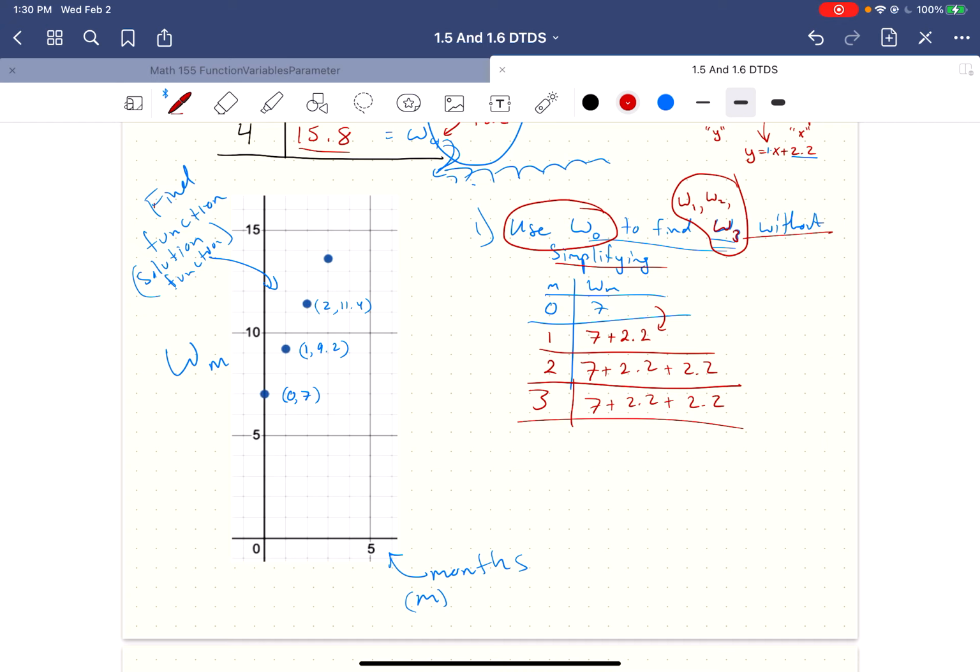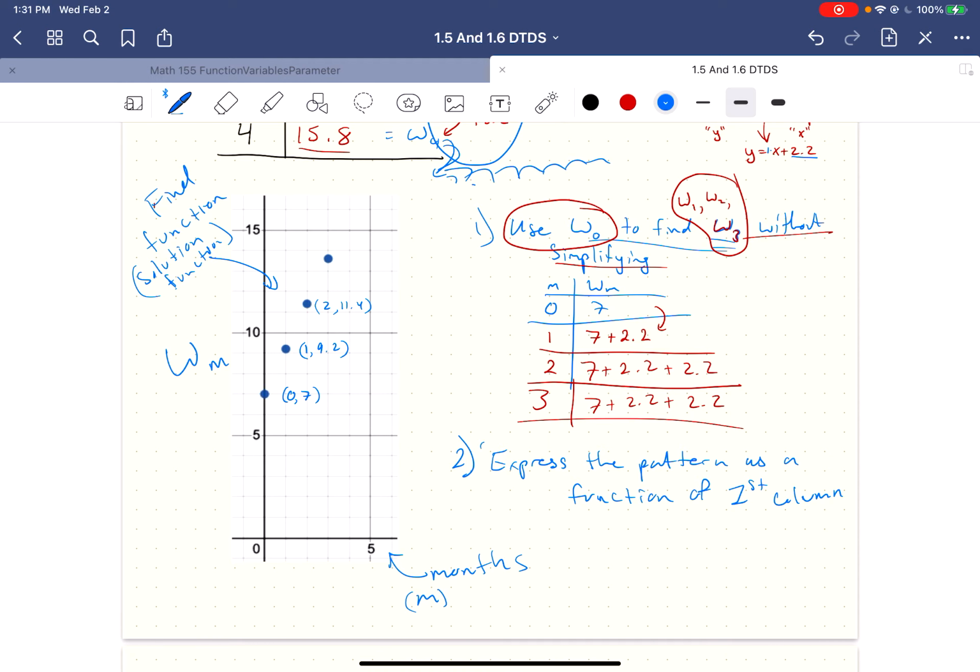In general, you might have to do it more times or less times, but the second step is to express the pattern as a function of the first column.